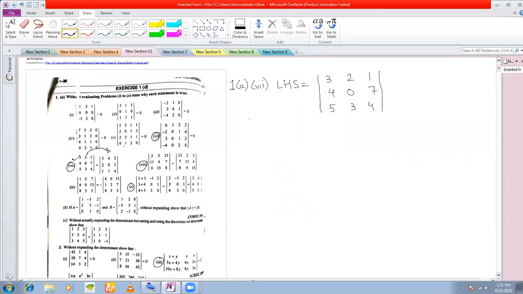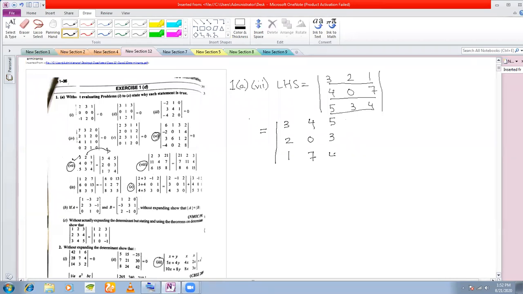There is a pattern you can see. If you make the rows of the left hand side determinant into columns, this row into the first column, this row into the second column, and this row into the third column.